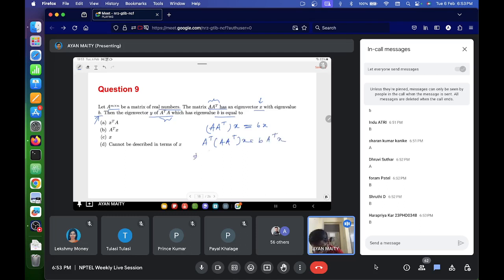Now we just rearrange these terms. So this is the matrix, and these are the eigenvectors A transpose X, and B is the eigenvalue.